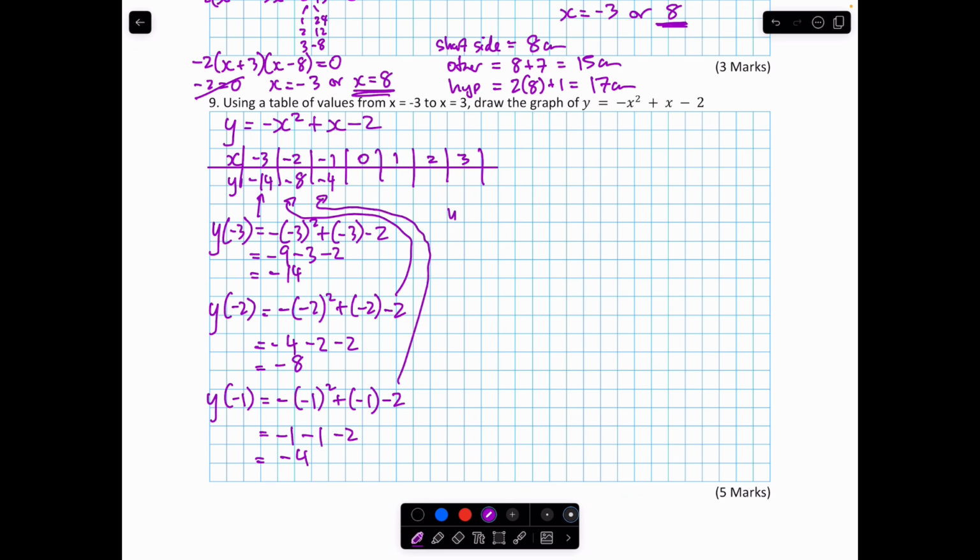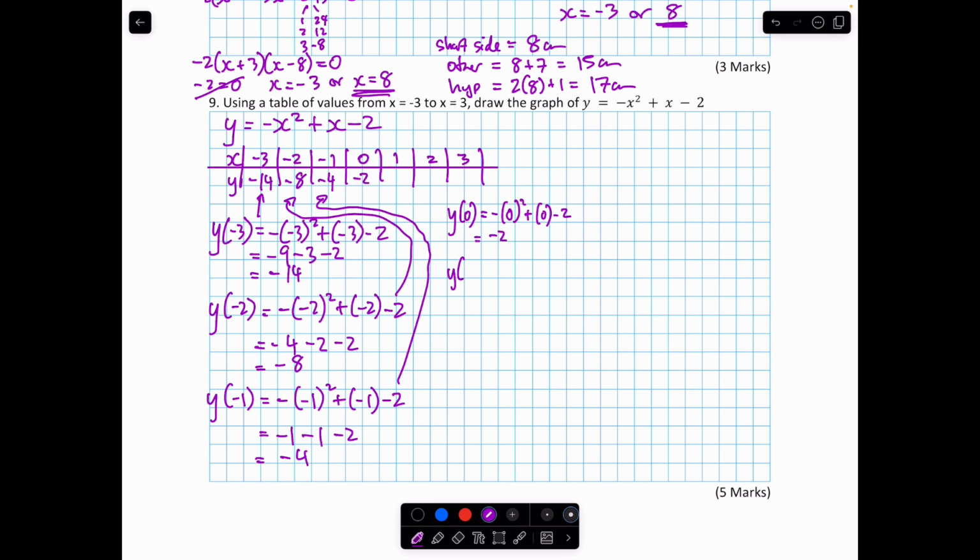Substitute when x is equal to 0: negative 0 squared plus 0, take 2. You're going to have negative 2.